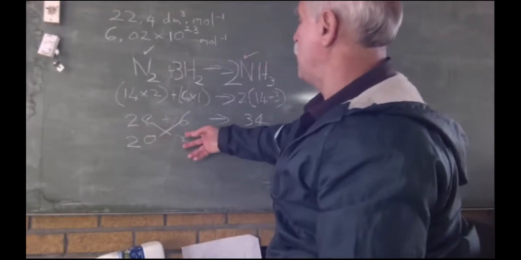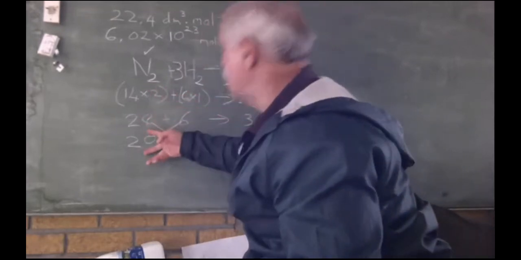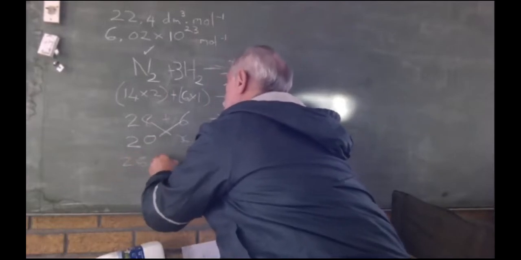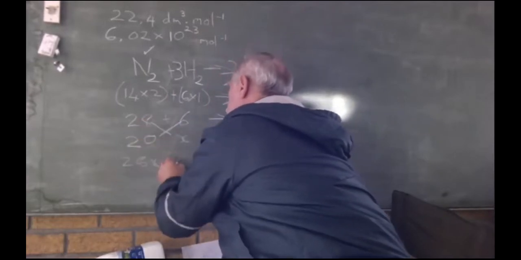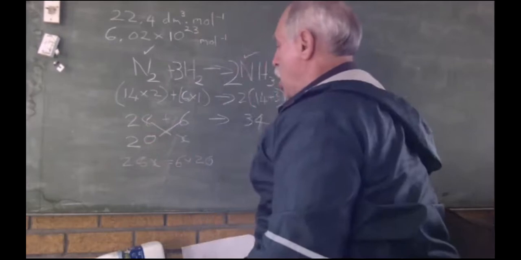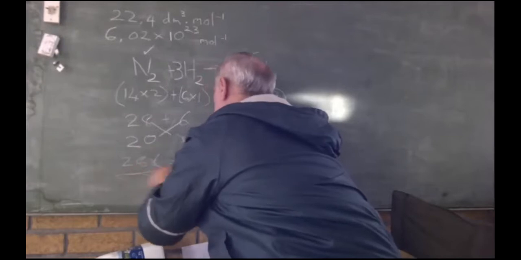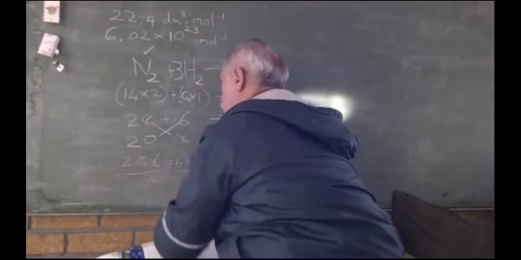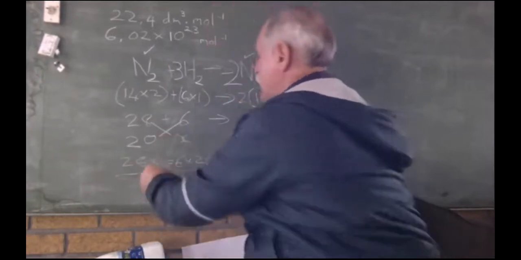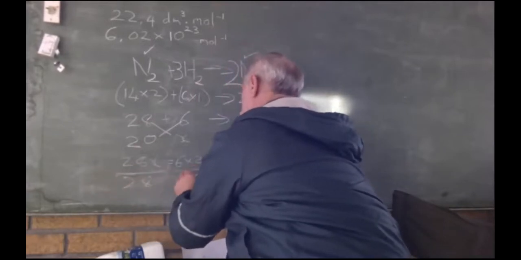So what is the amount of x that I'm going to need of this amount if I've got 20 grams of that amount? Okay, so 28x is going to be equal to 6 times 20, and I'm trying to solve for x. I divide both sides by 28, and I'm left with x.